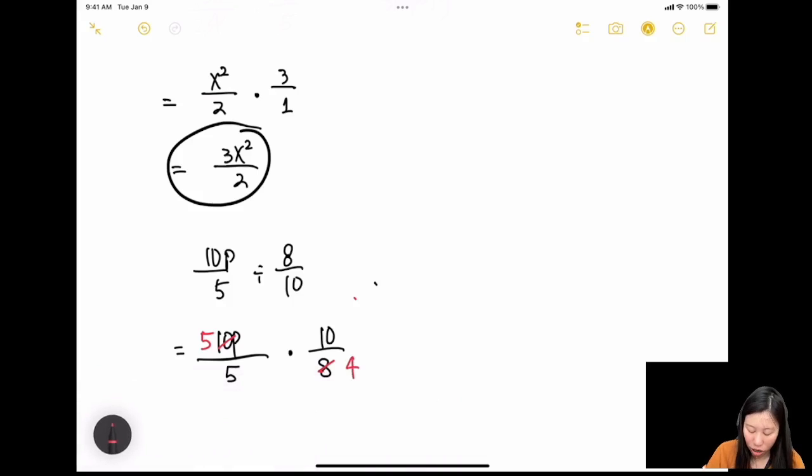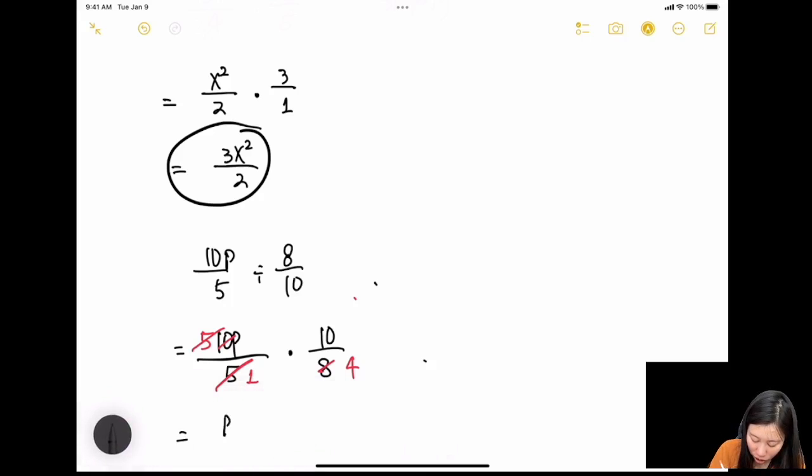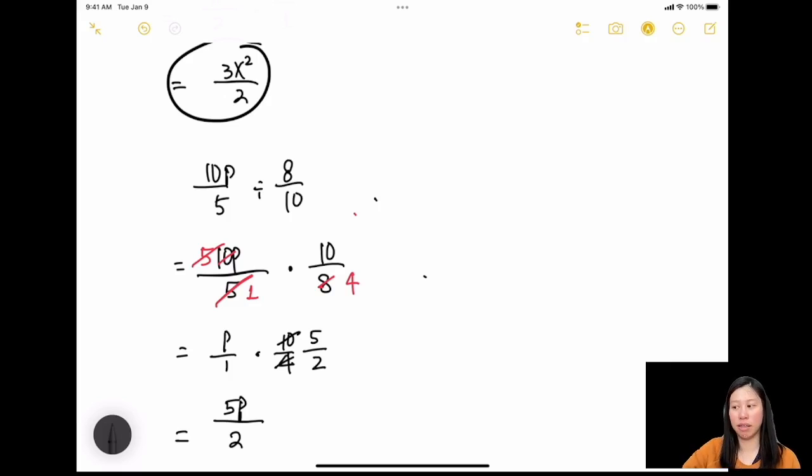Okay, 5 and 5 can continue to simplify each other, so what's left in the bottom is 1. So I have p over 1 times 10 over 4. I can continue to simplify. 4 and 10, I have 5 over 2. So this ends up being 5p over 2. That's the simplest. Always reduce the fraction into the simplest form.